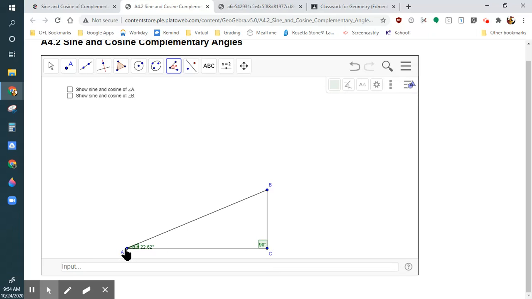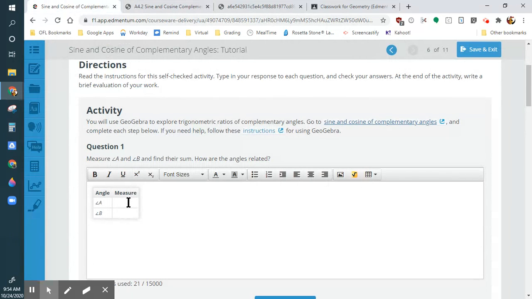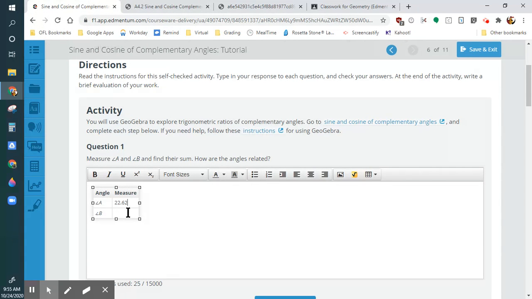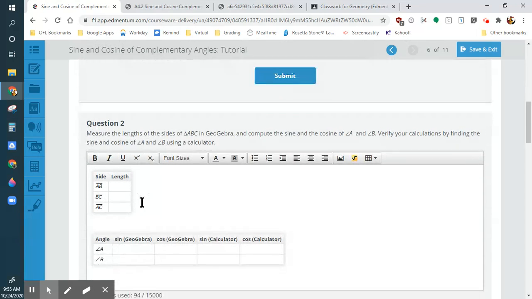So we're going to want to go A, B, C. Cool. So we get 22.62 and we're going to get 67.38. If we added these two up, they would equal 90.